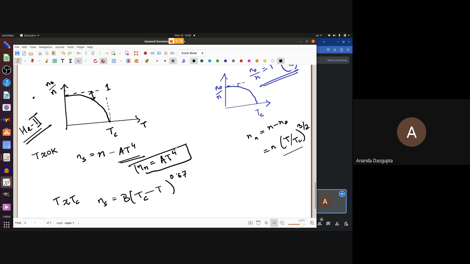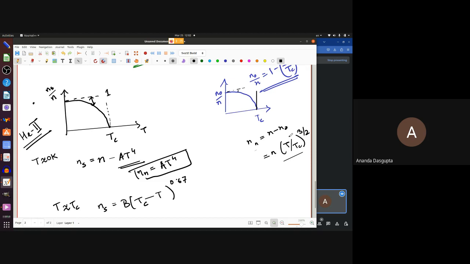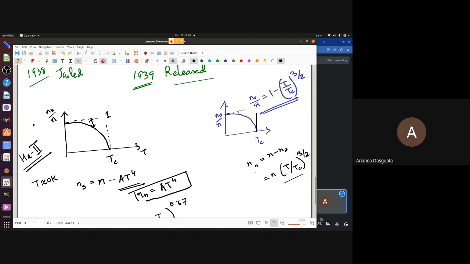Quite a drastic difference. I will leave it to you as an exercise to figure out what the formula for N0 by N tells you about the behavior of N0 when T is very close to TC.